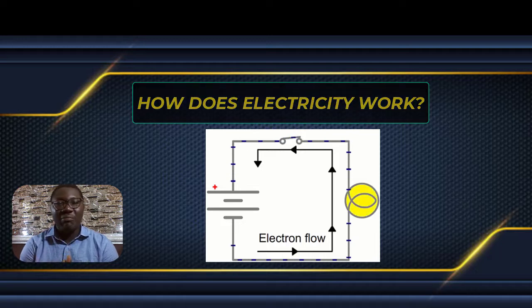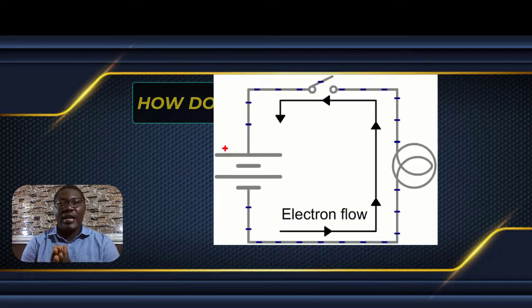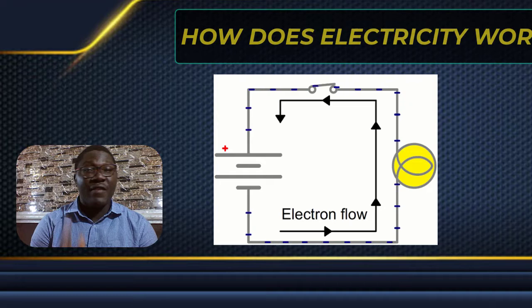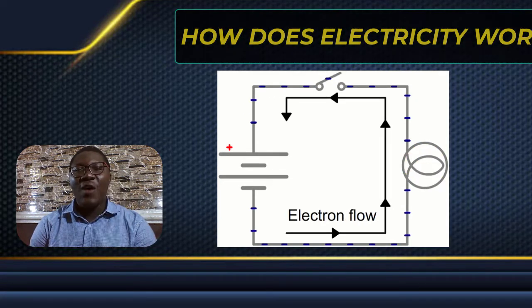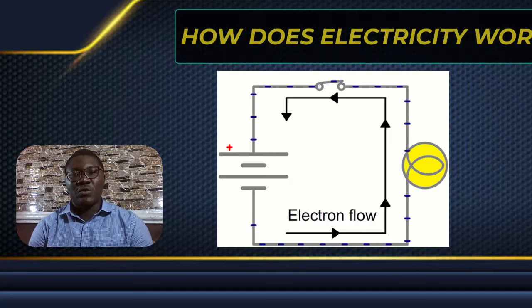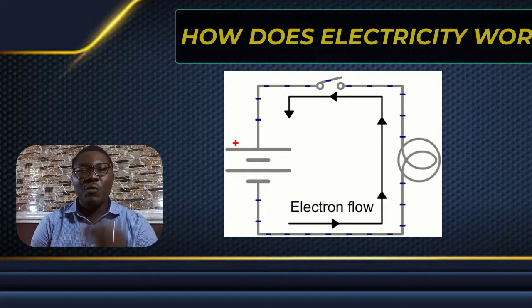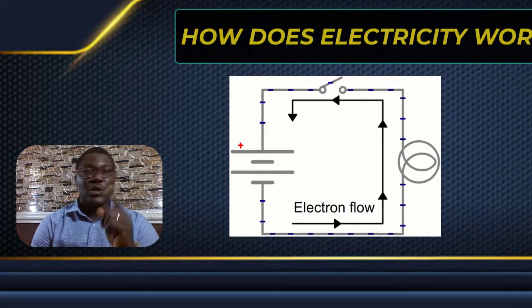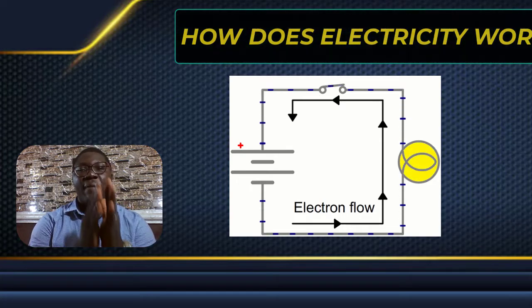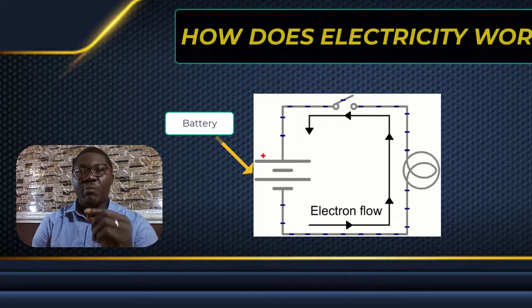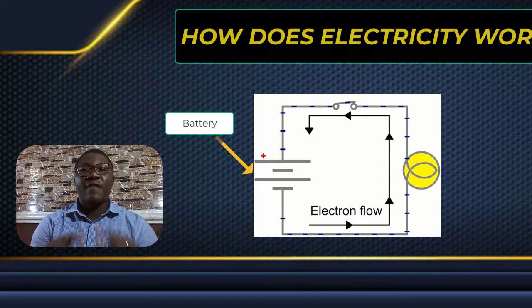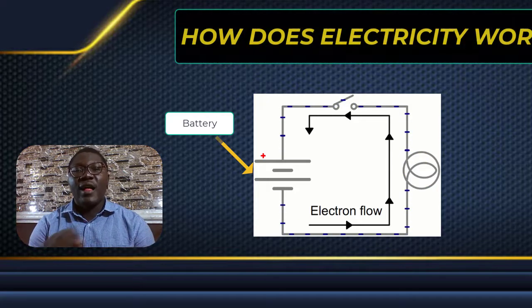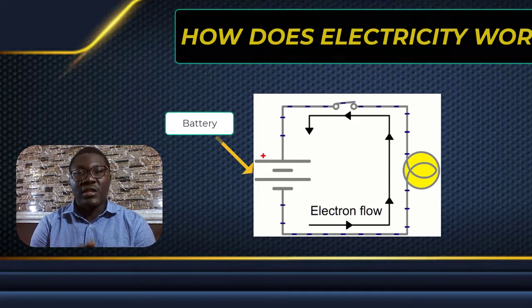To actually explain this, if you look at this diagram I have here on my right hand side, you are going to see how these particles, these currents, move from one point to the other. Now you can see my battery, where you have the positive and the negative terminal. The positive terminal has the longer arrow and the negative has the shorter one.